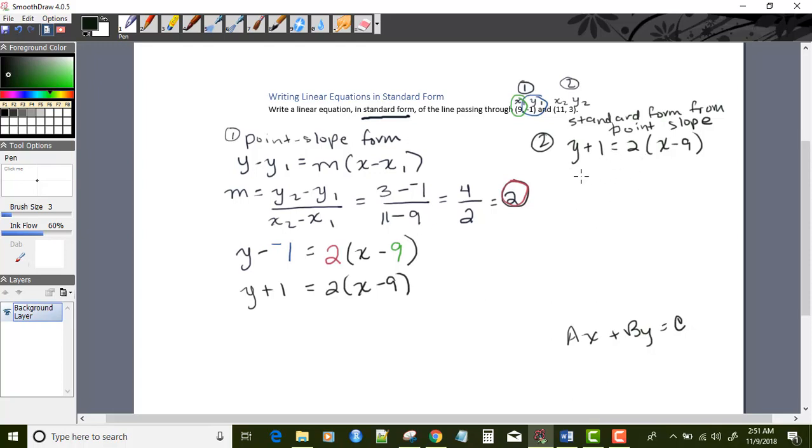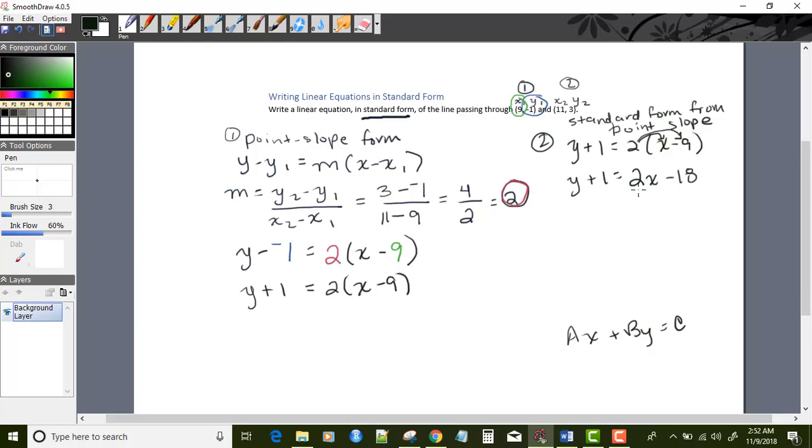So I'm going to need both x and y on the left side. I'm going to go ahead and distribute this 2 to the x and the -9. So 2 times x is 2x. 2 times a -9 is -18.